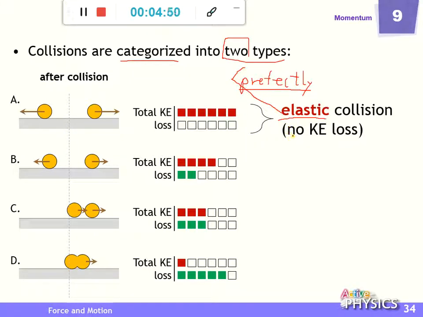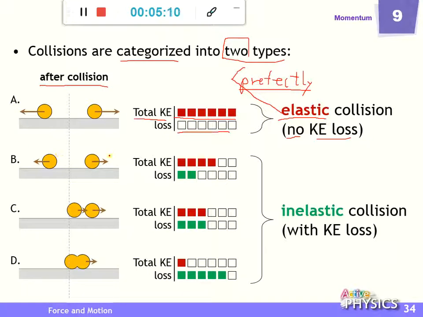Now, in this case, what will happen? No kinetic energy loss. It means that the total energy after collision will be the same as before collision. How about the loss? It will be 0. But how about the second case? The second case we say is inelastic collision 非彈性碰撞.